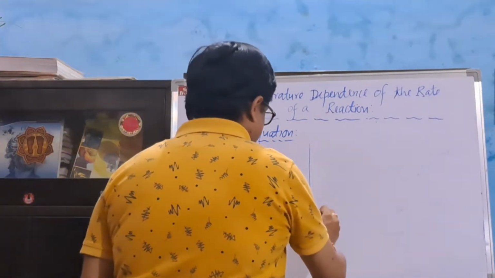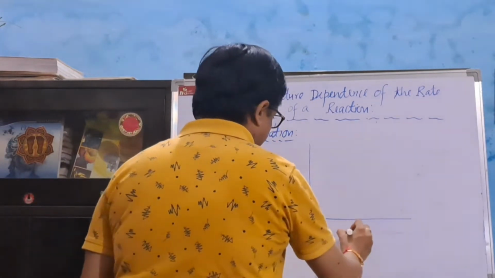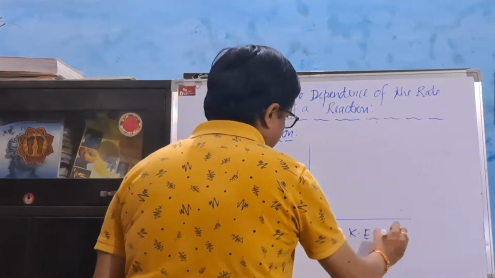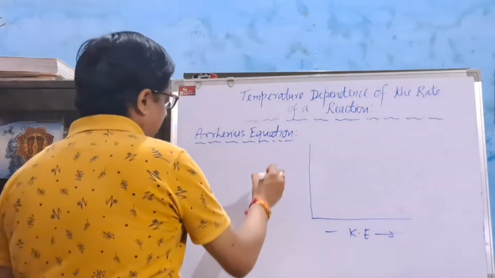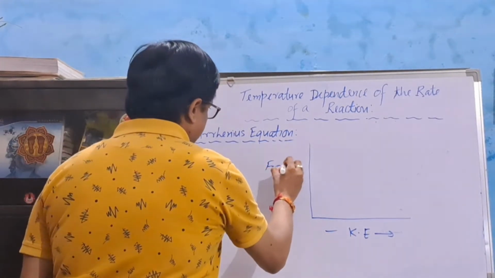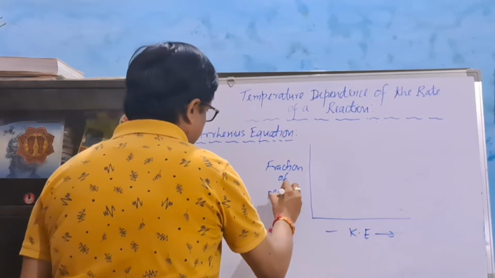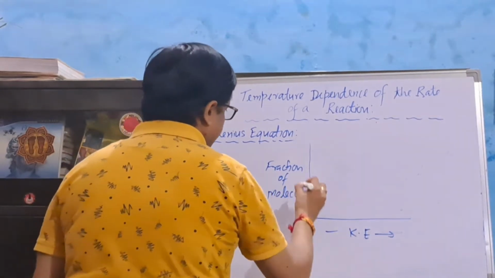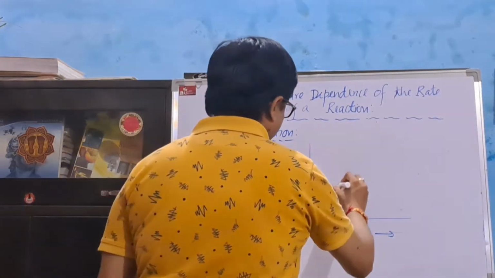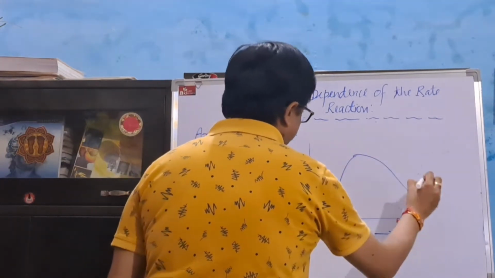If we plot kinetic energy of molecules against fraction of molecules, then we obtain a graph like this.